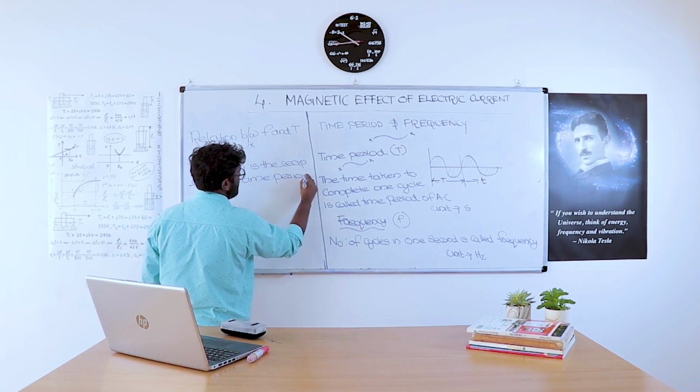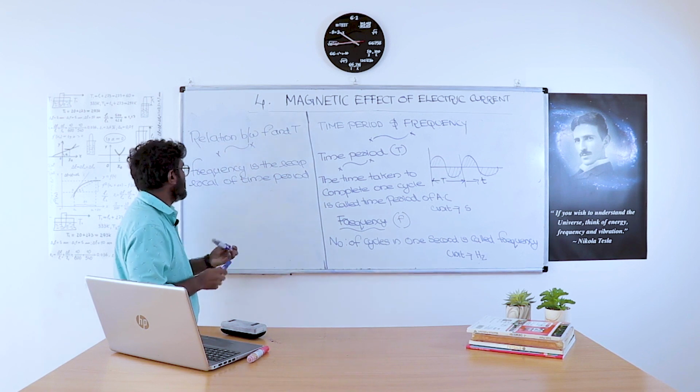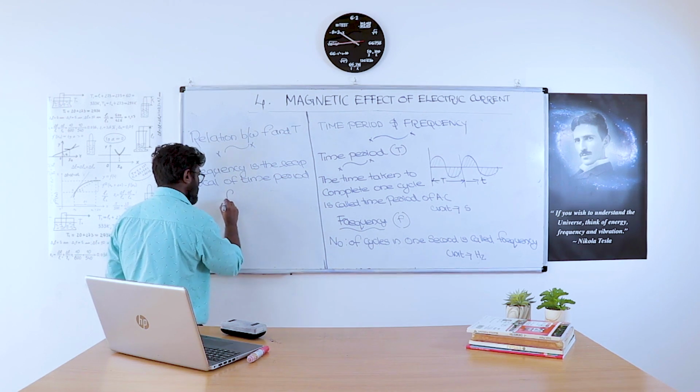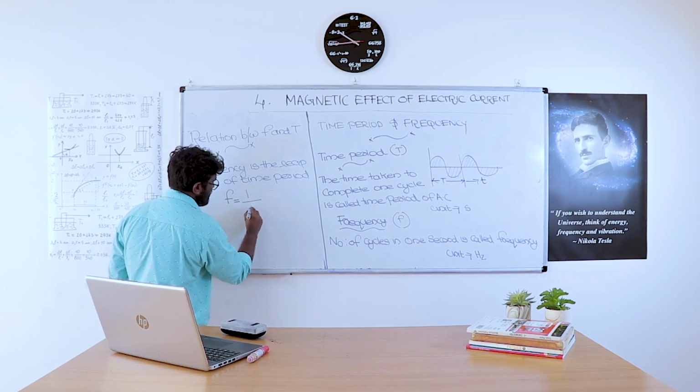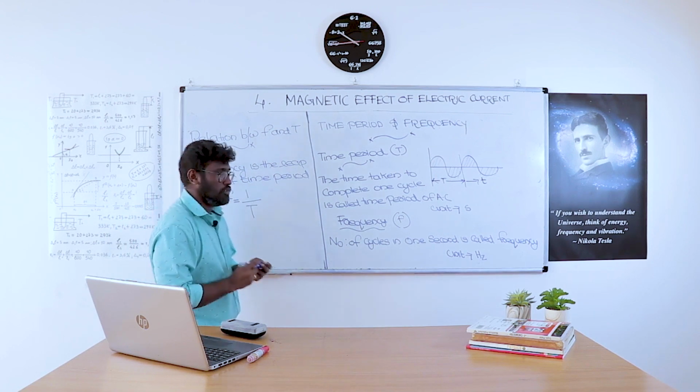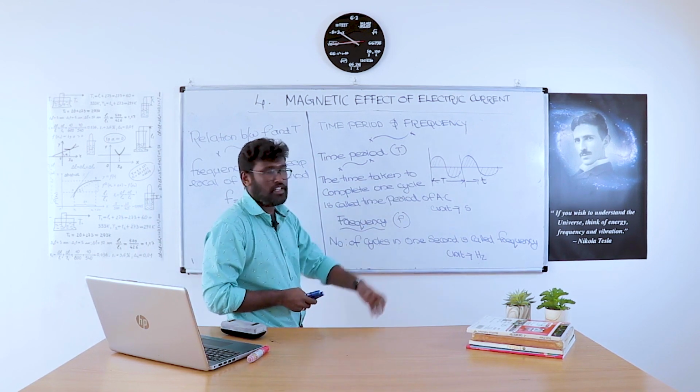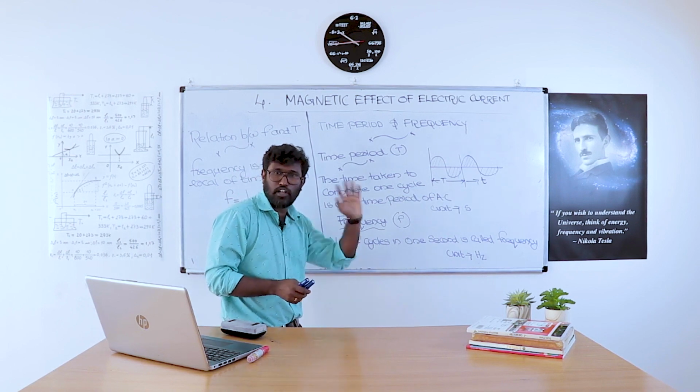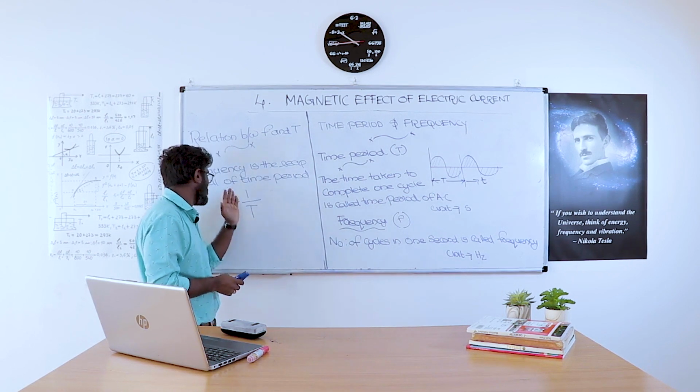We can write frequency f equal to 1 by T. So the unit of frequency is hertz, the unit of time period is seconds, and the frequency is the reciprocal of time period, and frequency is equal to 1 by T.